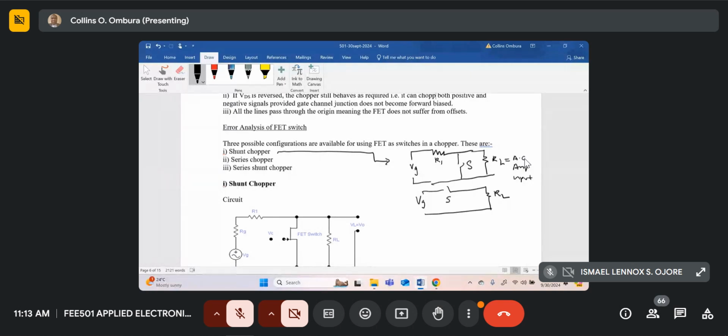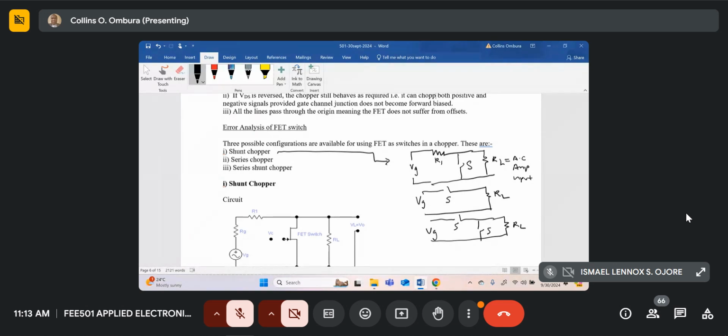Then the last one is called the series-shunt switch. So you've got a series switch and a shunt switch connected to your load. So there you have two switches. You're going to want to study the errors generated by these switches so that we can decide which is the best way to chop a signal.